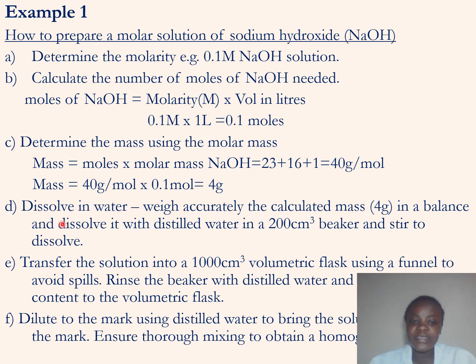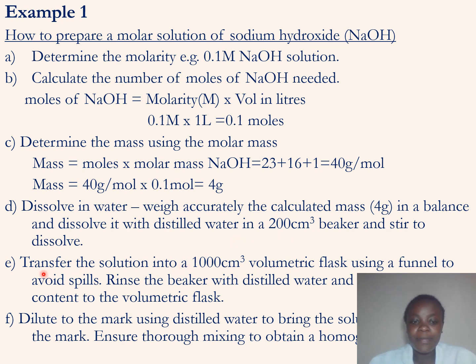So next step is to dissolve the weighed mass, that is 4 grams, in distilled water in a 200 centimeters cubed beaker, and then stir to dissolve. So we add the mass in the beaker, then add distilled water, and stir until we dissolve all our solute.